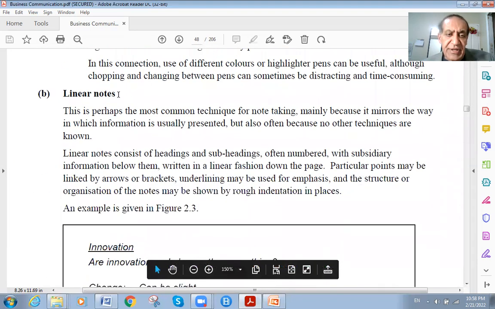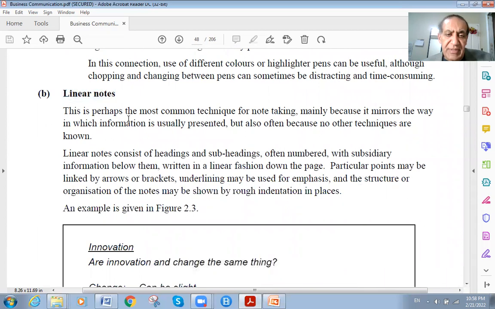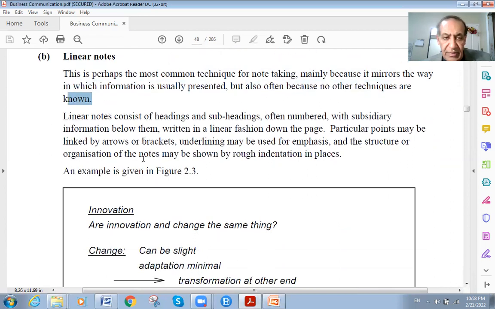We also have linear notes. This is perhaps the most common technique for note taking, mainly because it mirrors the way in which information is usually presented, but also often because no other techniques are known.